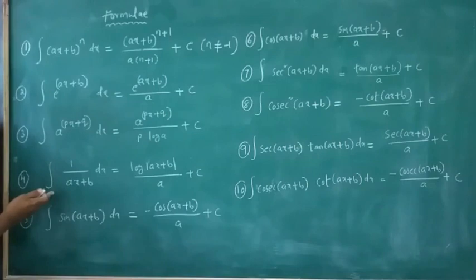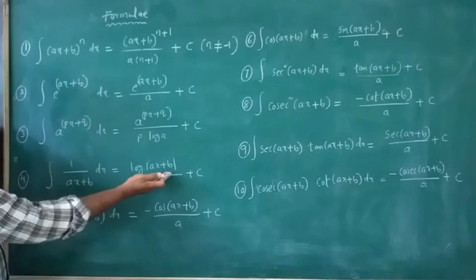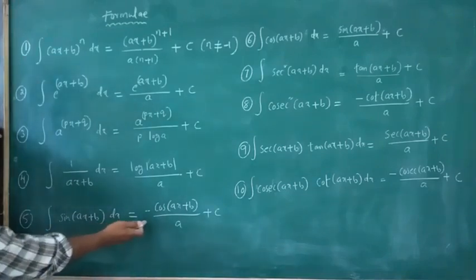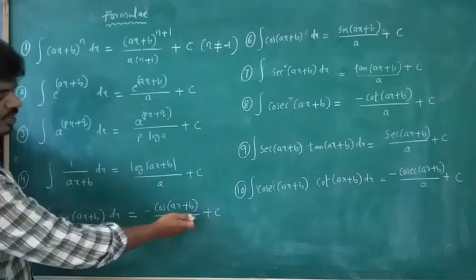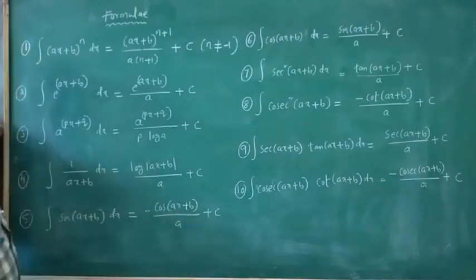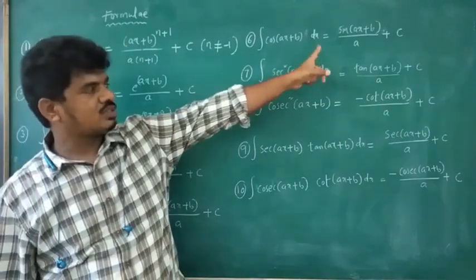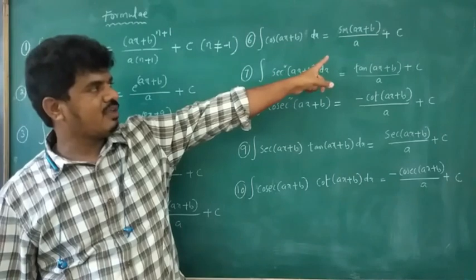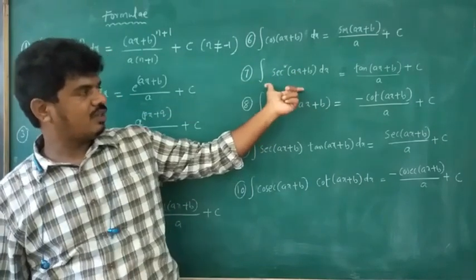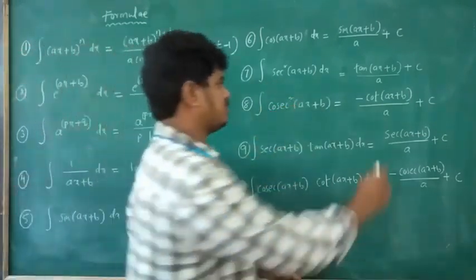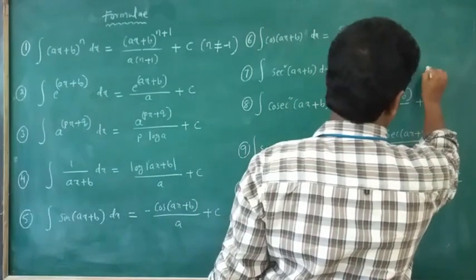Fourth one, the integral of 1 by ax plus b dx equals log mod ax plus b divided by a plus c. Fifth one, the integral of sin of ax plus b dx is equal to minus of cos of ax plus b divided by a plus c. Sixth one, the integral of cos of ax plus b dx is equal to sin of ax plus b divided by a plus c. Seventh one, the integral of secant square ax plus b dx is equal to tan of ax plus b divided by a plus c.